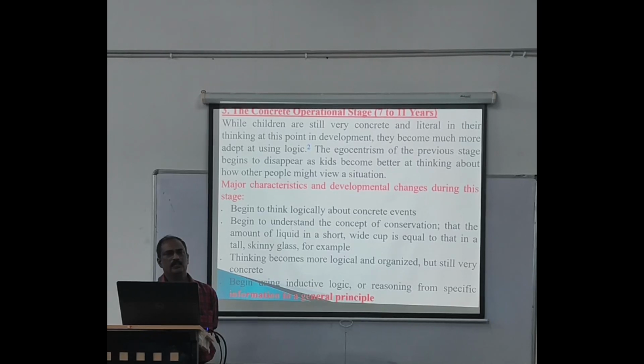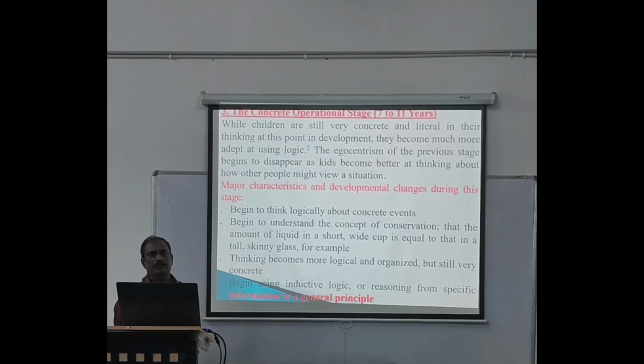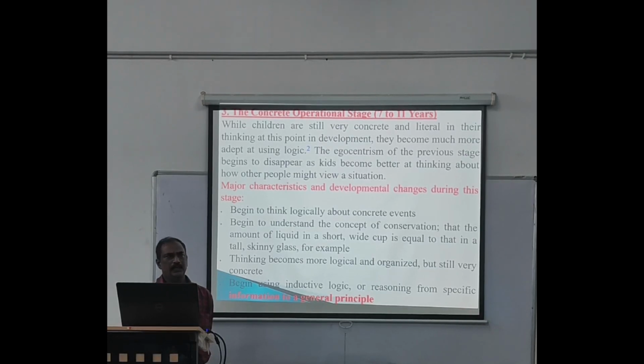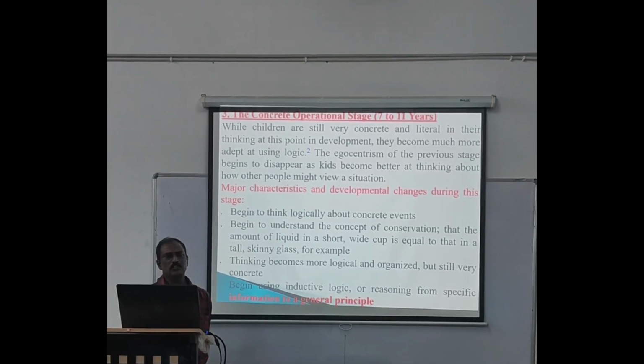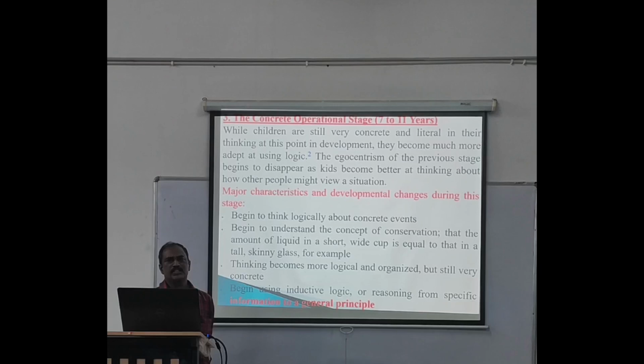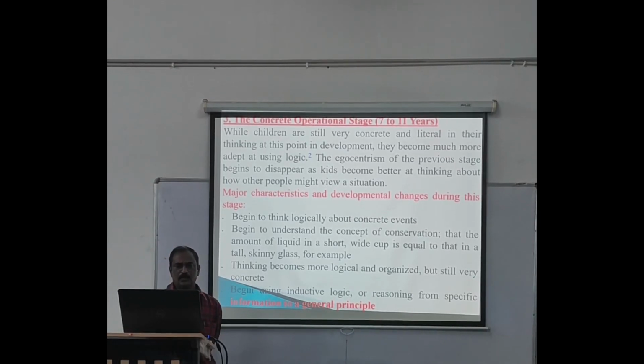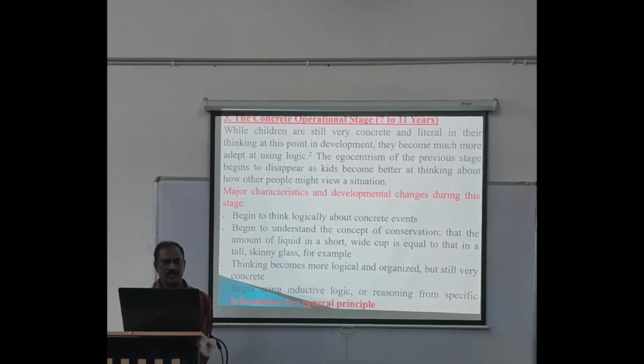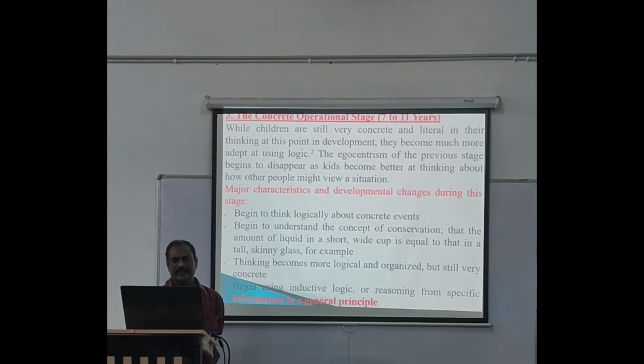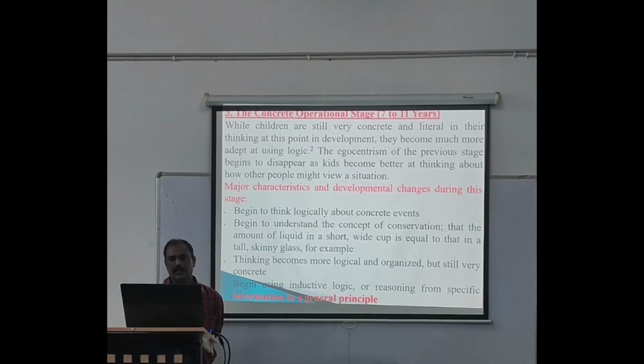So we take examples and by the examples we induce a general principle. And coming to the deductive method, we take a theory or principle in the beginning and we check it with the examples. So in this concrete operational stage, the child begins using inductive logic, or reasoning from specific information to a general principle.